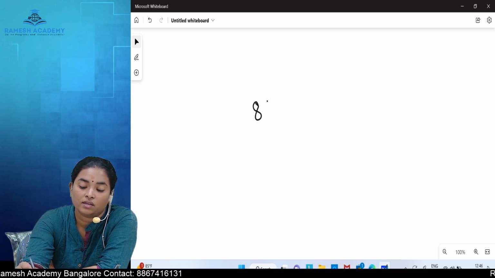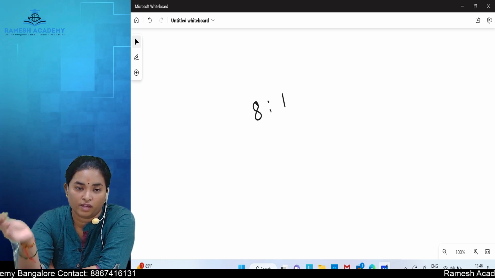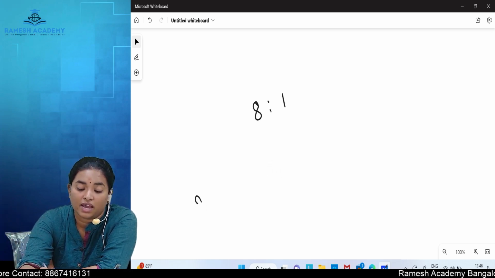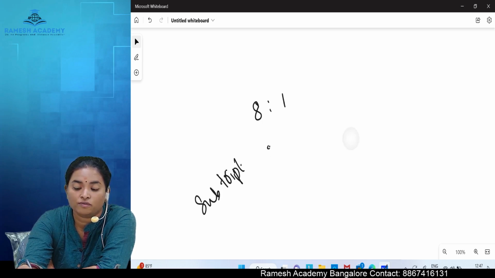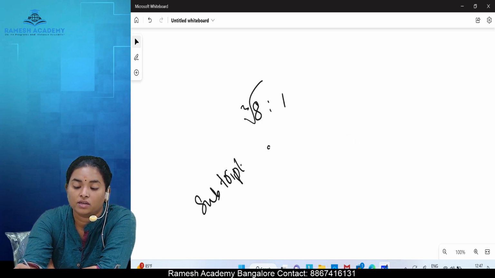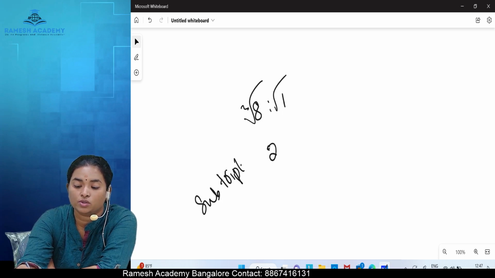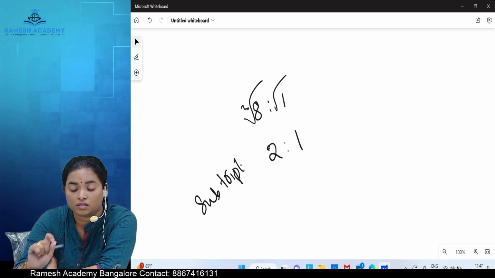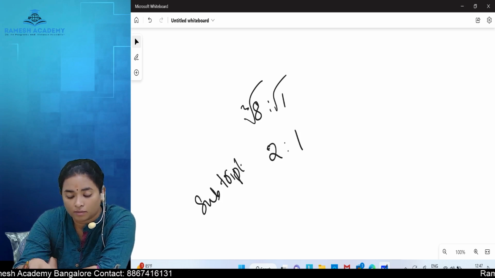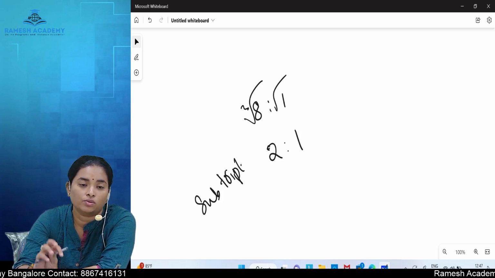So if they give 8 is to 1 and say subtriplicate, it means I have to find the cube root, right? So the cube root is 2 is to 1. They may use these technical, concept-based terms to describe the question, so you need to know all these things.